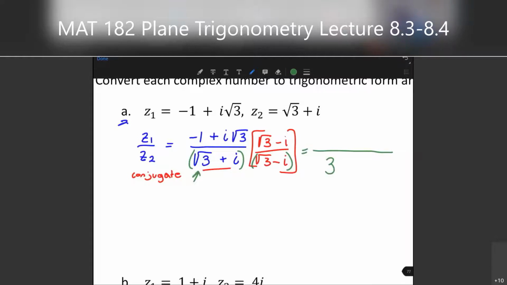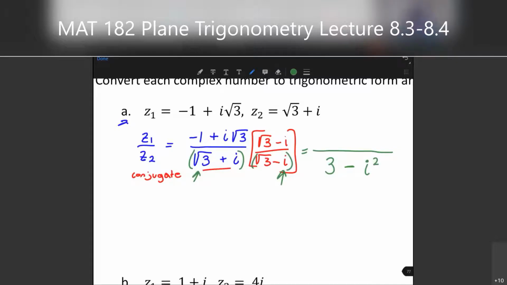And then we'll subtract the square of the last item, which is i. So that would be i squared.